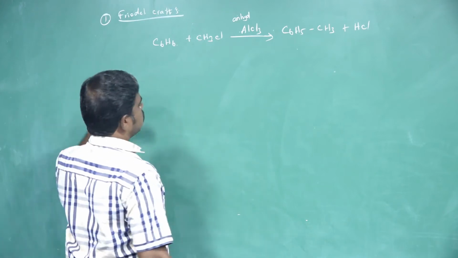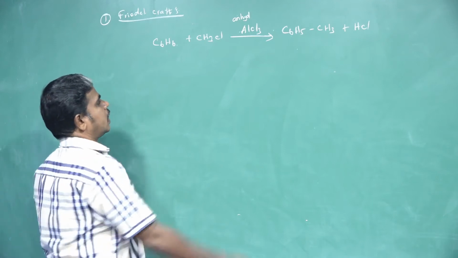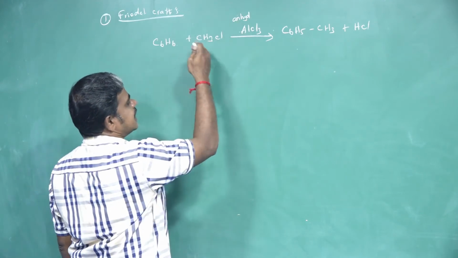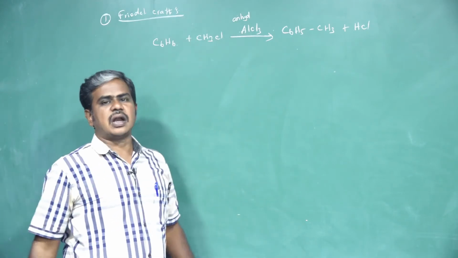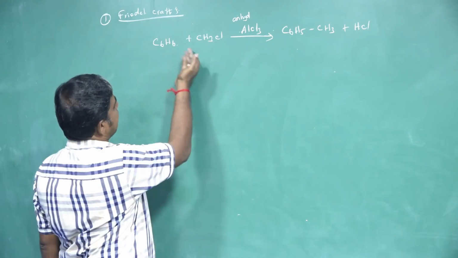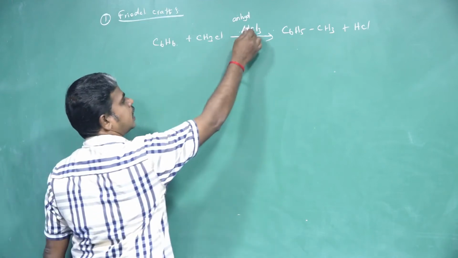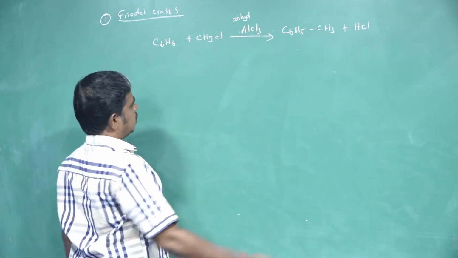Now, according to intermediate compound formation theory, what will happen? The catalyst reacts with one of the reactants and forms an intermediate. The intermediate reacts with the other reactant and forms the desired product. So what is the catalyst here? AlCl3.